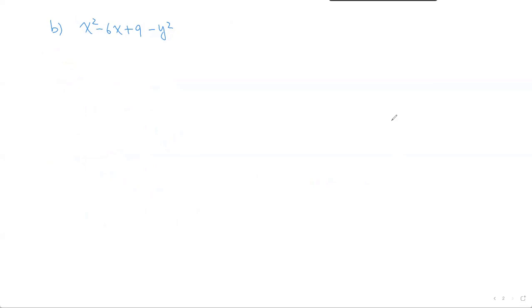The reason is if you group like this, then the first one, you can factor x out. So you got x times x minus 6. But the second one, you can never see common factors. So that's the problem. We cannot group like this.